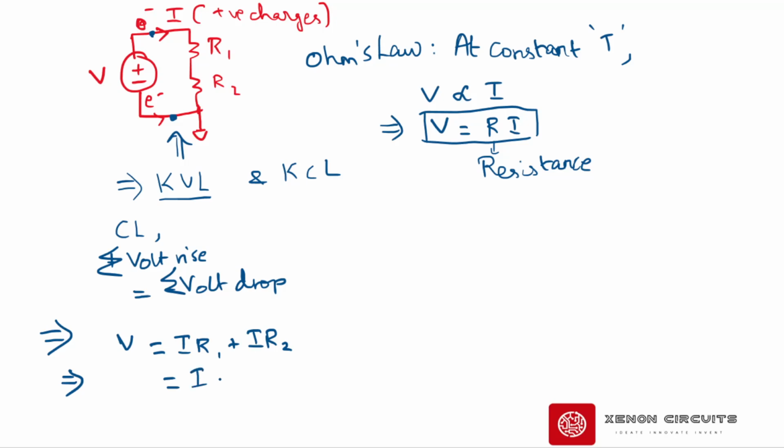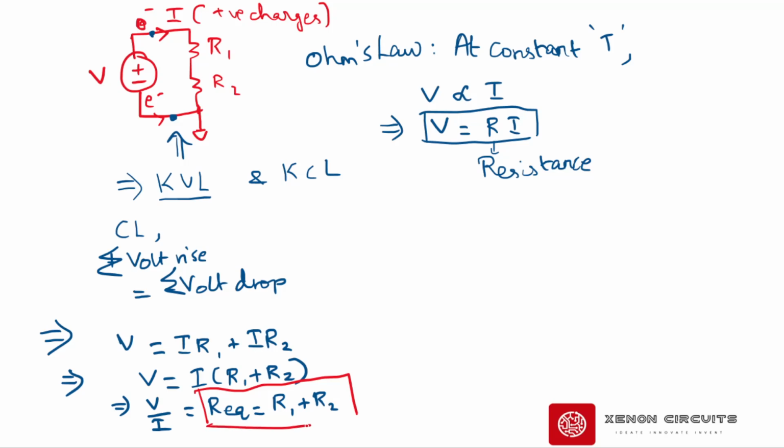And I is common, so you can take it out, this becomes R1 plus R2, and V by I is nothing but the R equivalent, and that is equal to R1 plus R2. Okay, this is how we derived this formula.